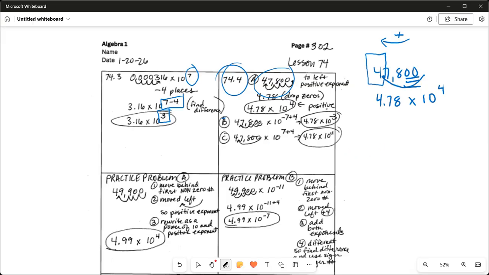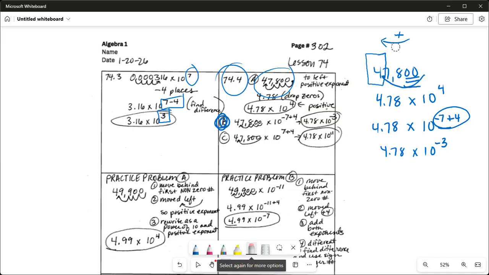Okay, so look at B though, in that same example. This time they have a negative 7 already there. It's 4.78 times 10, already had a negative 7. We're going to add 4. So this is going to be 4.78 times 10 to the negative third, because we find the difference and keep the sign of the larger absolute value.